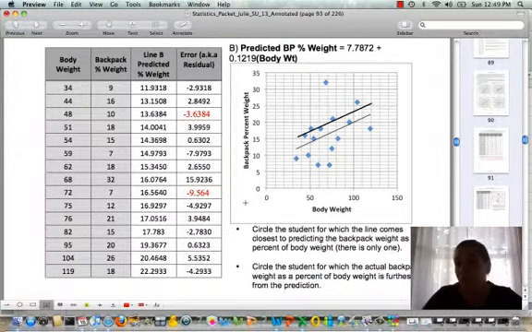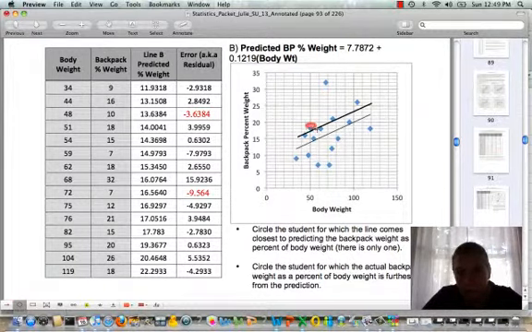Now again, we want to circle the student who has the line that comes the closest to predicting the backpack weight. And remember, this is the graph with the extra line in there, so we're going to refer to the bold line. So the closest looks to be the student who is at 54.